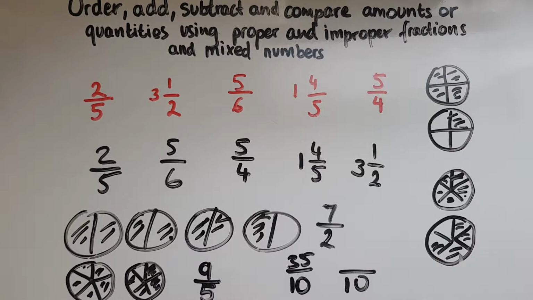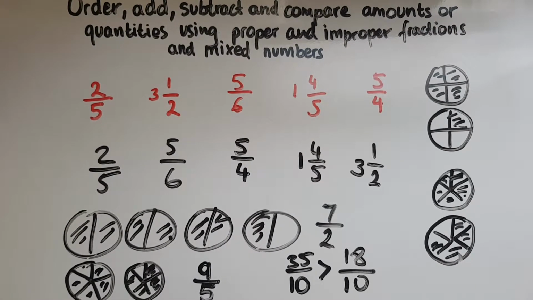So 5 times 2 gives me 10. So 9 times 2 gives me 18. And as you can see clearly, 35 out of 10 is bigger than 18 out of 10. So that suggests that 7 halves is greater than 1 and 4/5.